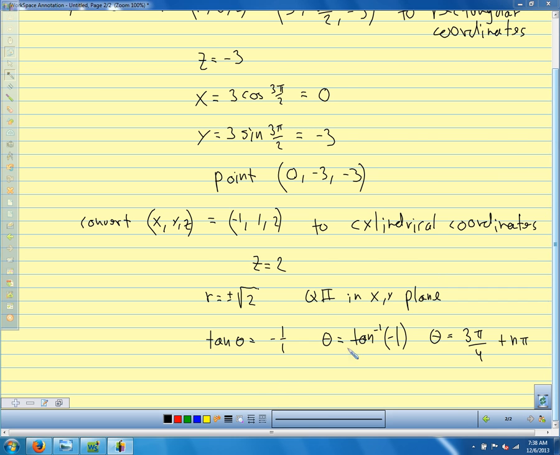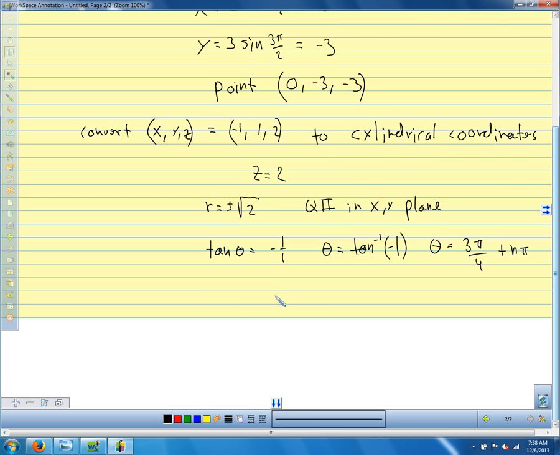So we'll write two representations for the one point. We talked about how polar coordinates weren't unique. So the point could be square root of 2, 3 pi over 4, 2. That would be one representation of that.